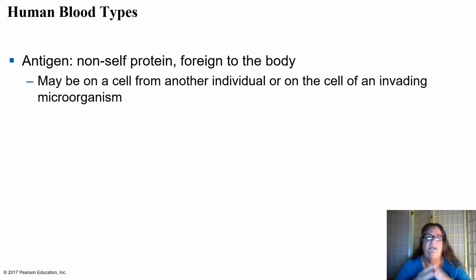We also have antigens in vaccines. So when you go get your flu shot, there is antigen in that flu shot, and your body makes antibodies to the antigen. So maybe that's the way we can remember it. Antibodies are made in the body. Antigens are coming from outside the body.